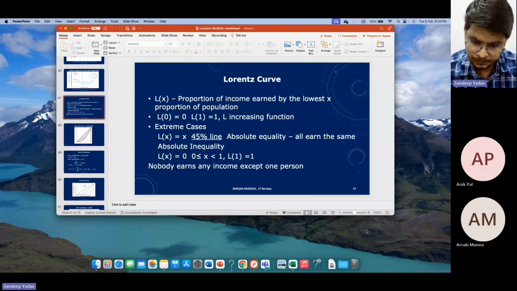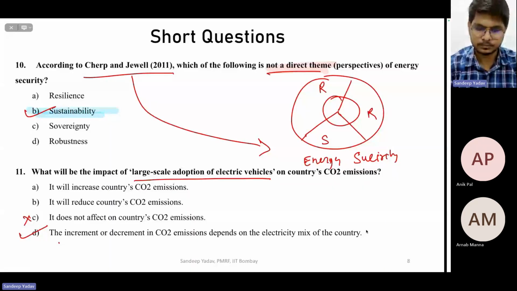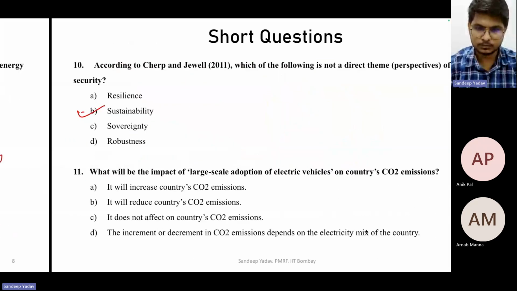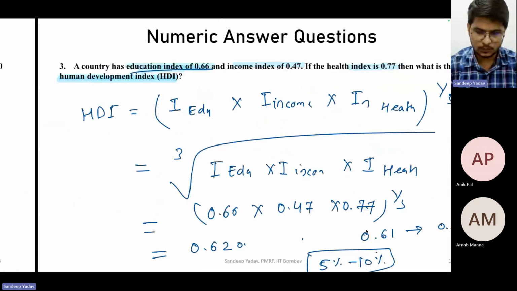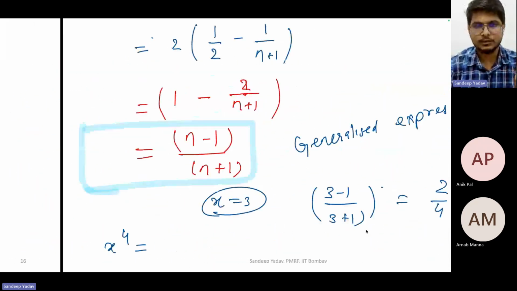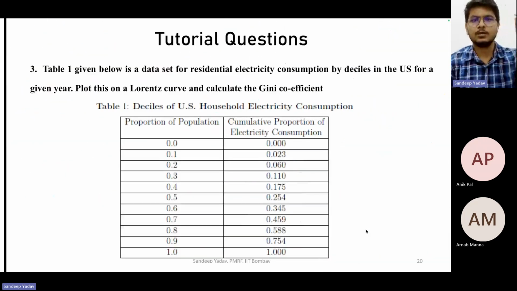Now let's move ahead. Now you calculated the Gini coefficient for the two different functions. Now this is the big question.